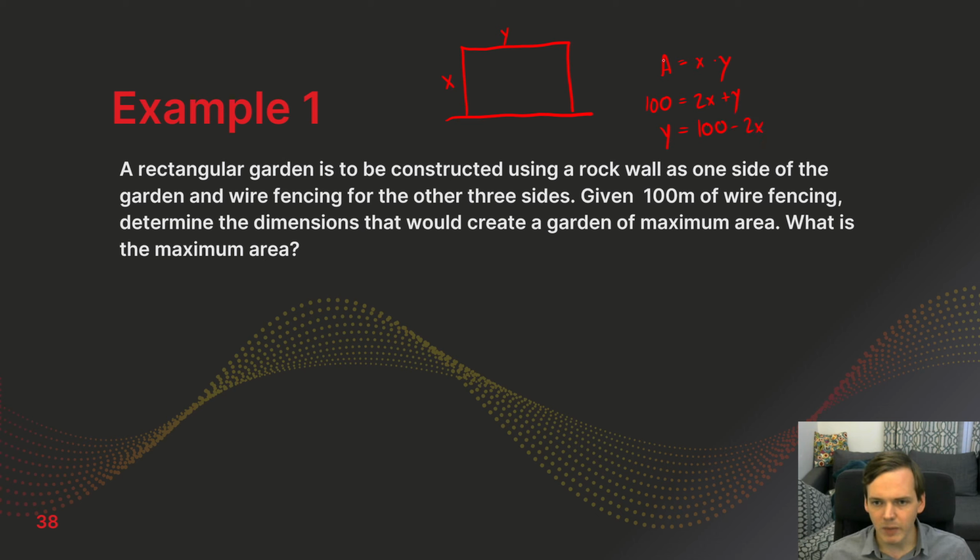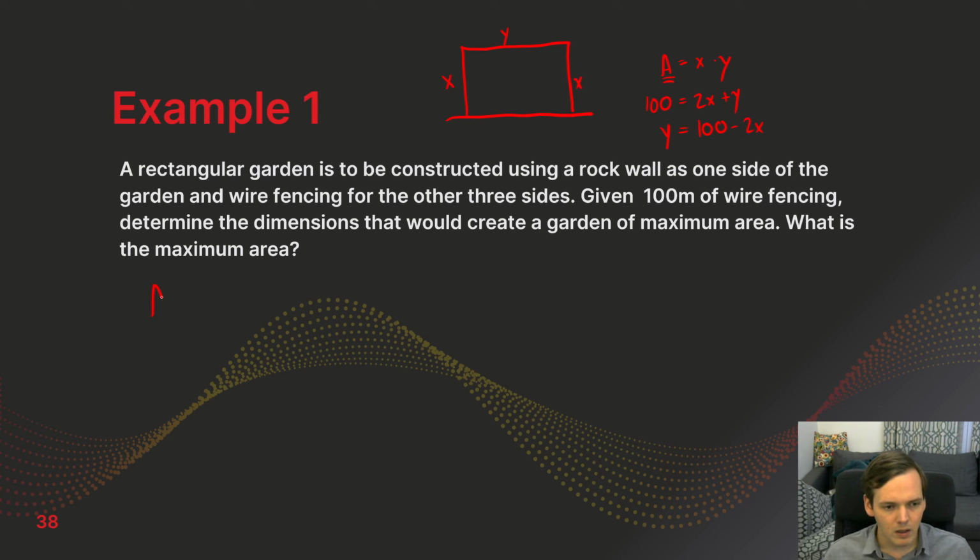And we want to make the area as big as possible. So we've identified all our variables here, and some relationships between them. The 100 is 2x plus y because, sketching it out, the length along these three sides has to be equal to the amount of fencing we have, and the area is pretty straightforward.